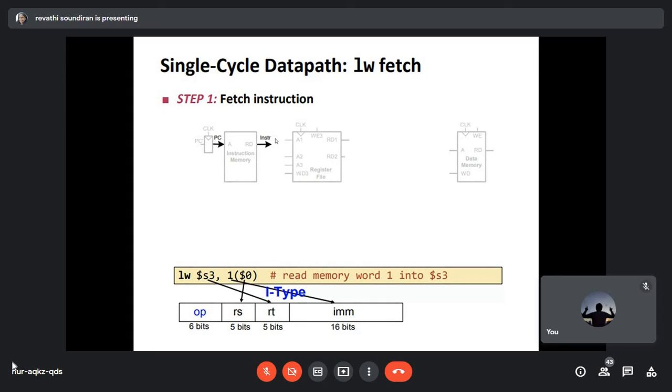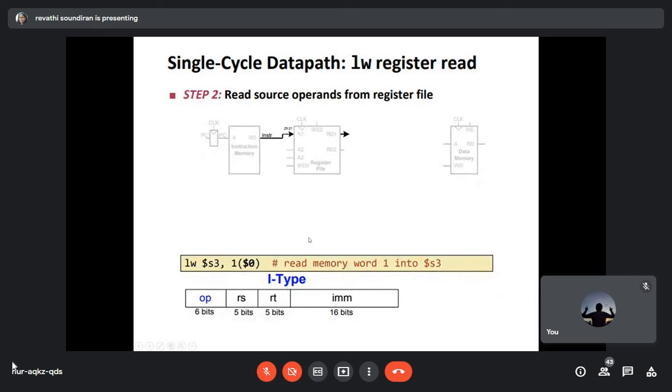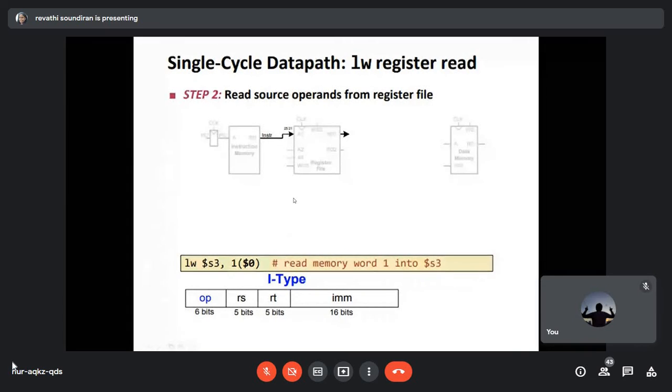Next is reading the operands from the register file. Now you have the instruction, and the instruction here is load word. Load word happens from your source register, that is S0. It is bits 21 to 25, while 16 bits are occupied by your immediate value.